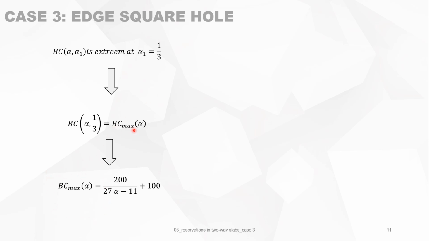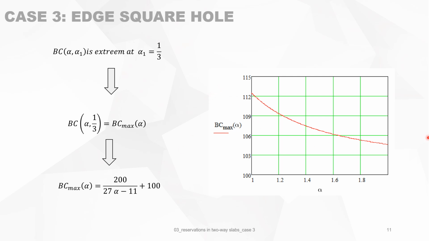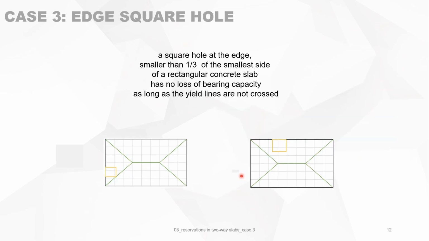You can fill it in the formula, and you arrive at this simple formula. You can make a graph of it. So for alpha, the dimensions of the slab, between 1 and 2, the maximum is 112%. And you see that it's always more than 100%.